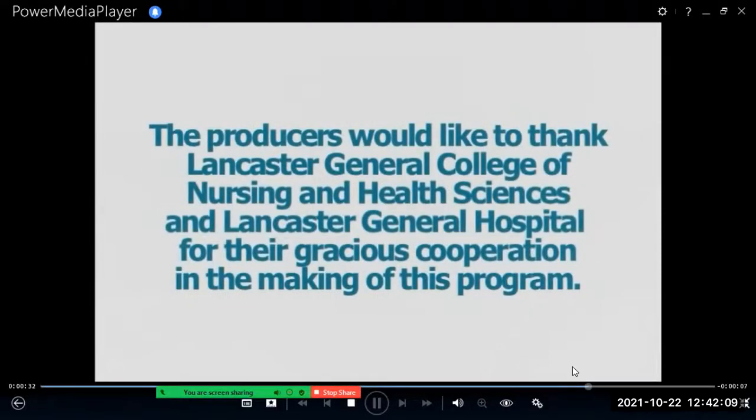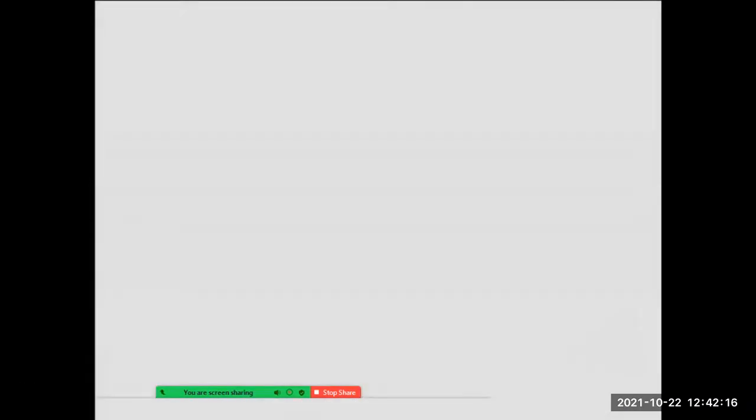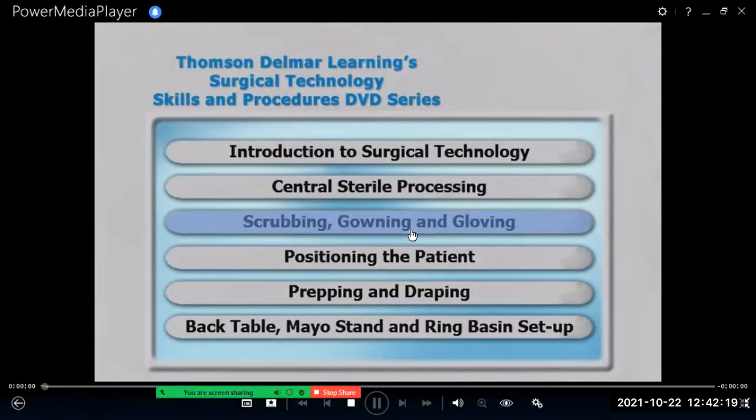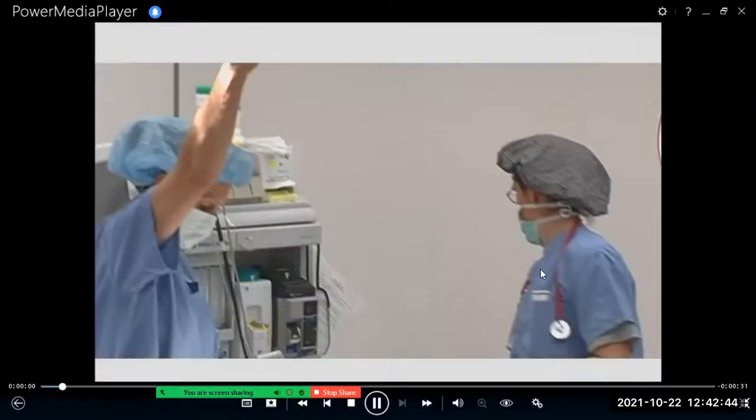I know that we watch these over and over, but I'm telling you, it's going to help you remember things. We are going to work on, let's see, we did that one last week. Let's look at back table. We're coming into the end of this term. So let's go ahead and look at positioning the patient this week.